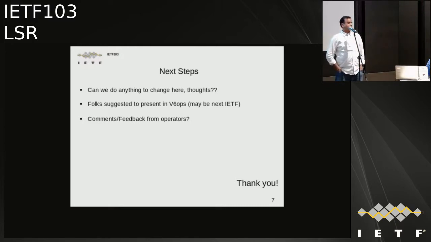I have a question for you. I know a lot of people who have lived with ISIS all their lives, you've deployed it. Do you think this draft is useful? You're talking to me. I'm talking to you. I've not read the draft, but from what I've seen so far, this seems very useful, because I'm sure that people are going to run into this problem, and this is poorly understood.